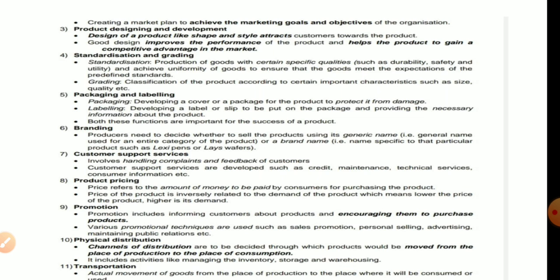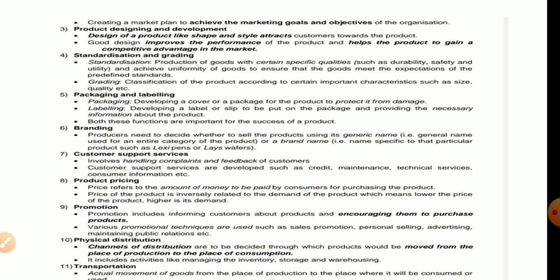Promotion includes informing the customer about the policy and encouraging them to purchase the product. Physical distribution is about the channels of distribution, from the place of production to the place of consumption, and transportation, how you actually move your goods and services from one place to another.